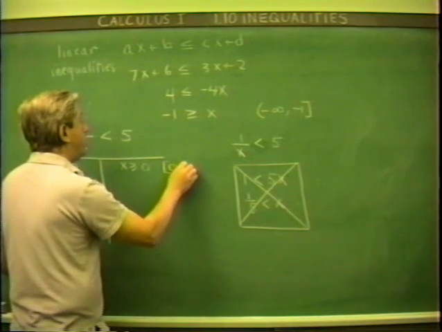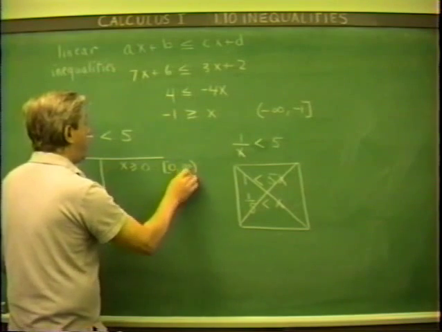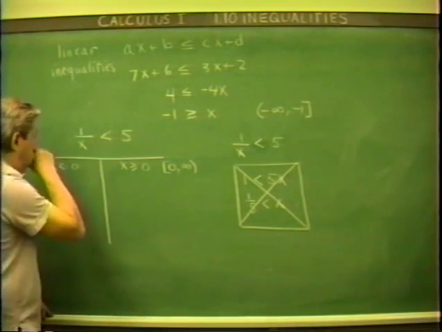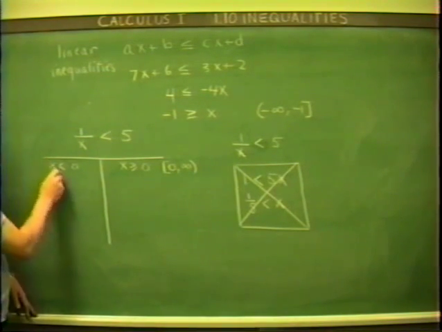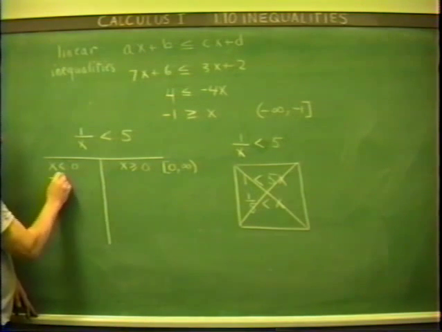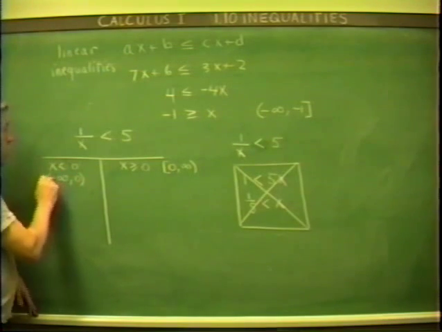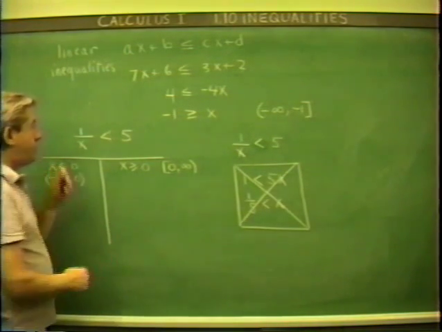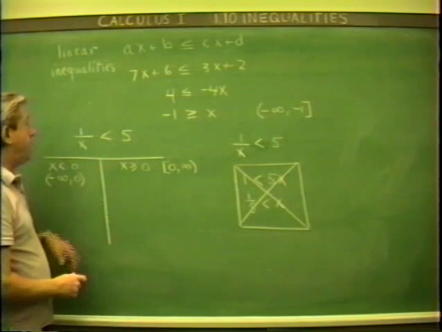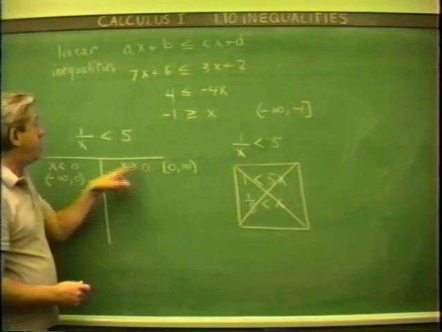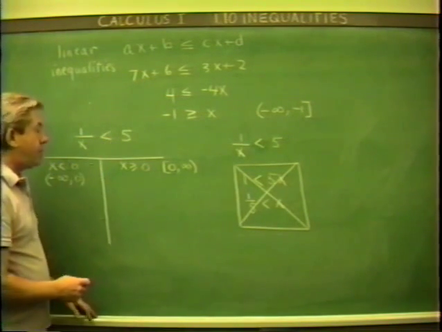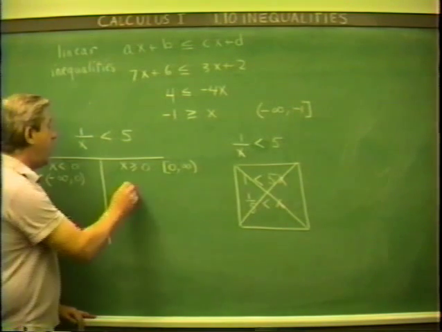That's to say, the right-hand case here consists of the numbers that are in the closed interval 0 to infinity, open at infinity, and these consist of the numbers that are in the interval minus infinity to 0. We consider these two different intervals here, and we work with them differently.